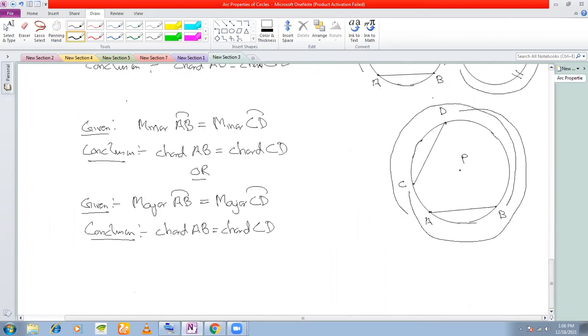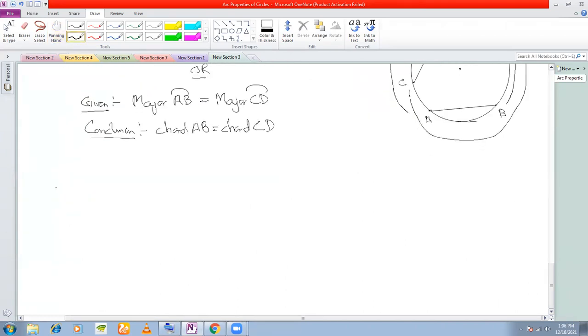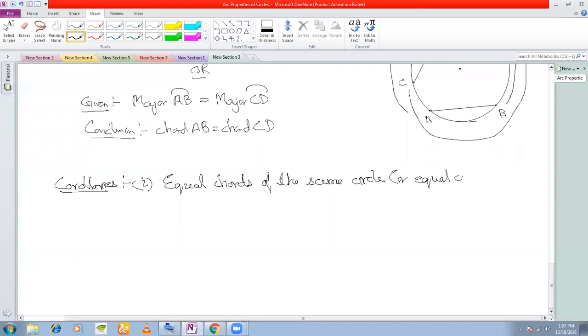Okay. Now there are two important corollaries to both the theorems. The first corollary to both the theorems, these are deductions from the theorem actually, is that equal chords of the same circle or two equal circles subtend equal angles at the center.